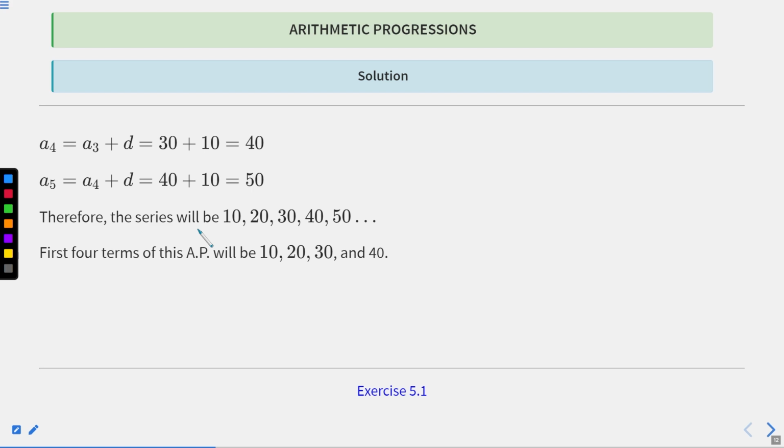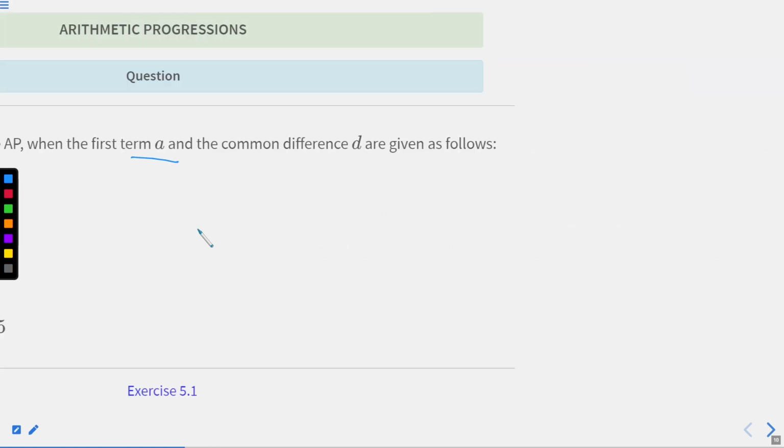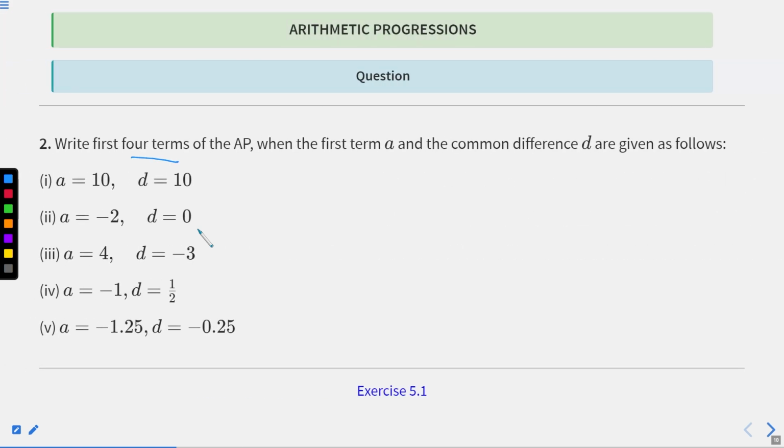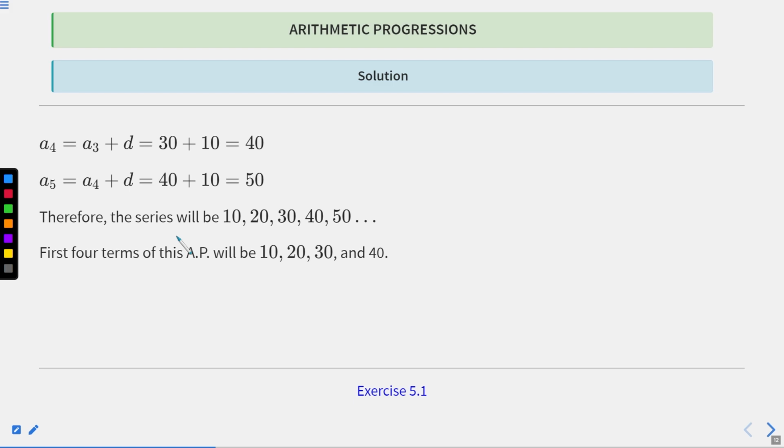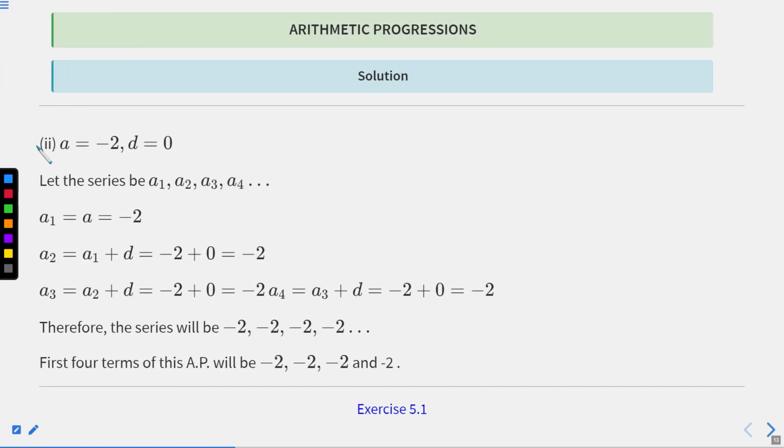Now let us see question number 2. In question number 2, we have given the value of A is equal to -2 and the value of D is equal to 0. Now let us see how to solve it. So here A is -2 and D is 0.